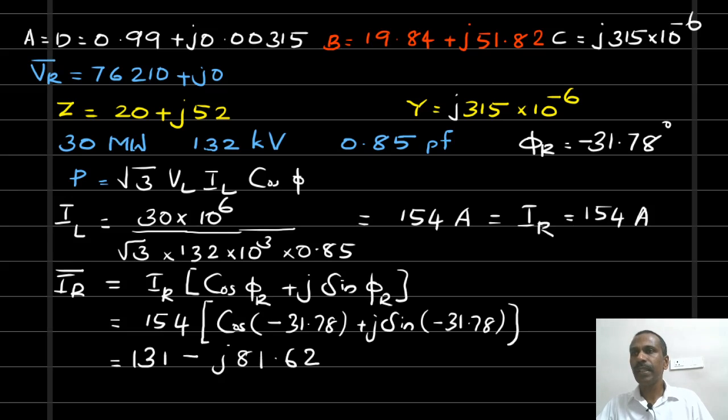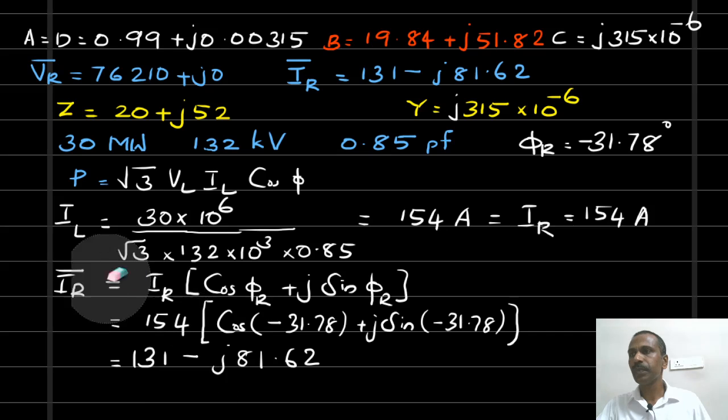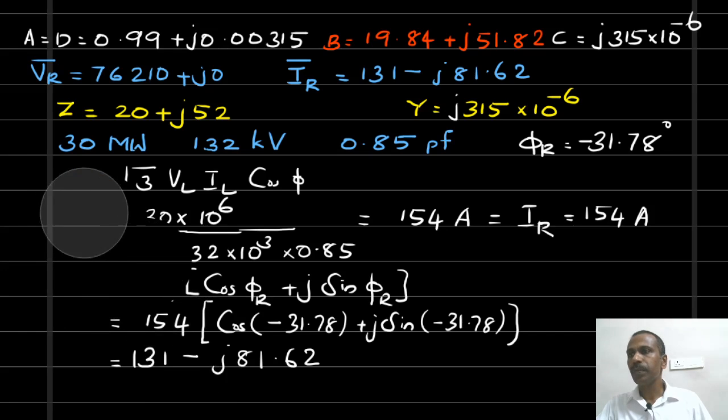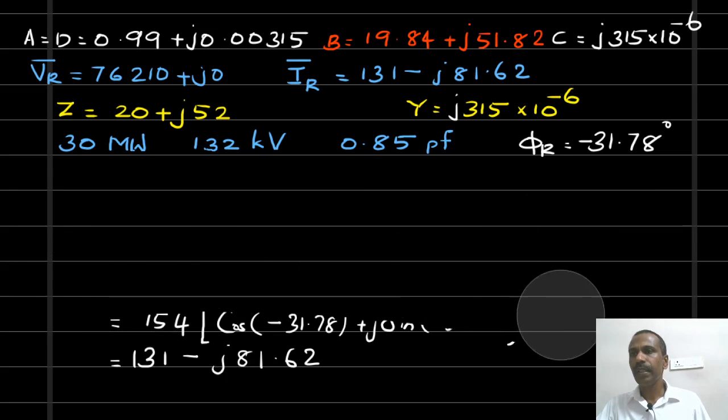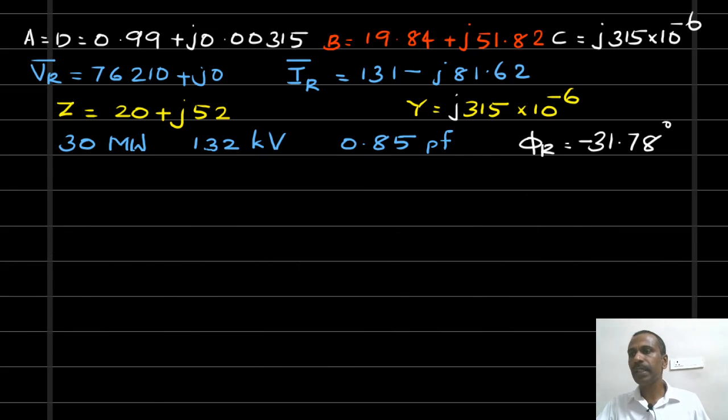So this is the receiving end current in the vector form. So IR equals 131 minus j81.62 amperes.